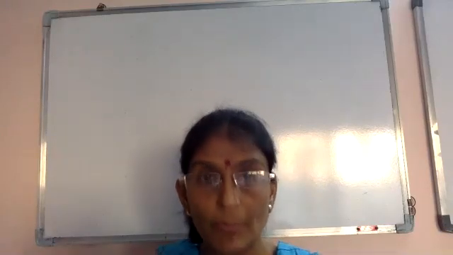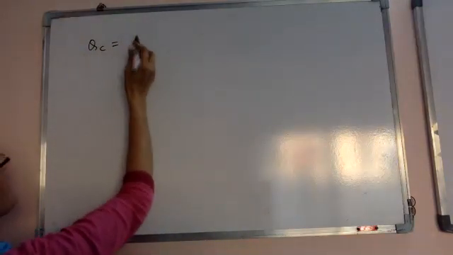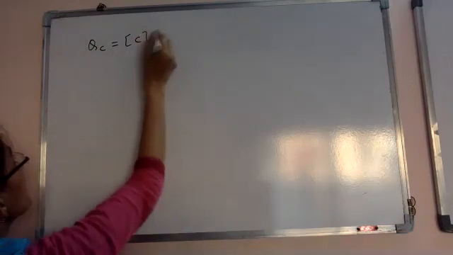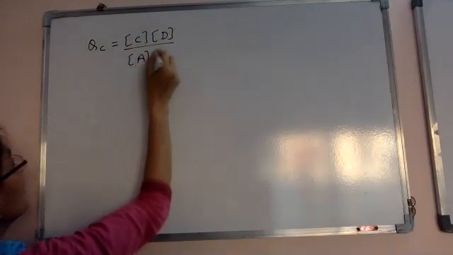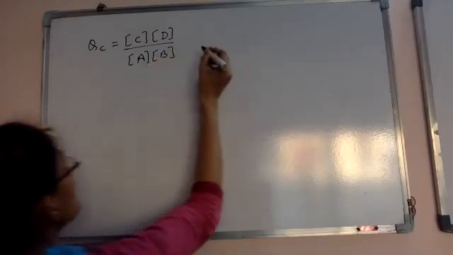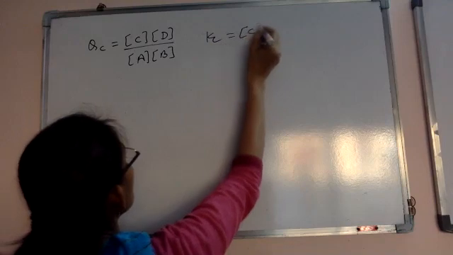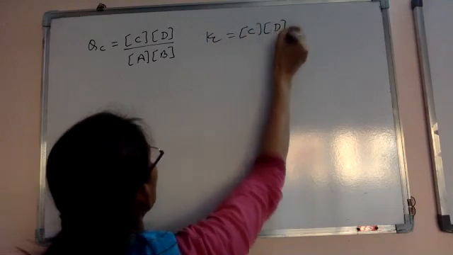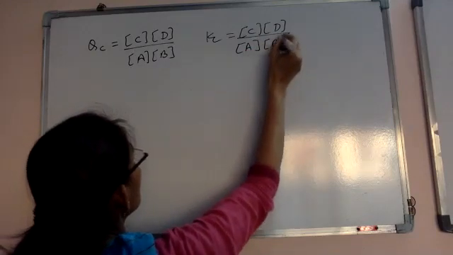KC का मतलब होता है equilibrium constant. What is QC? It is reaction quotient, and that is concentration of product upon concentrations of reactants. KC, the formula is same. Concentrations of products upon concentrations of reactants.